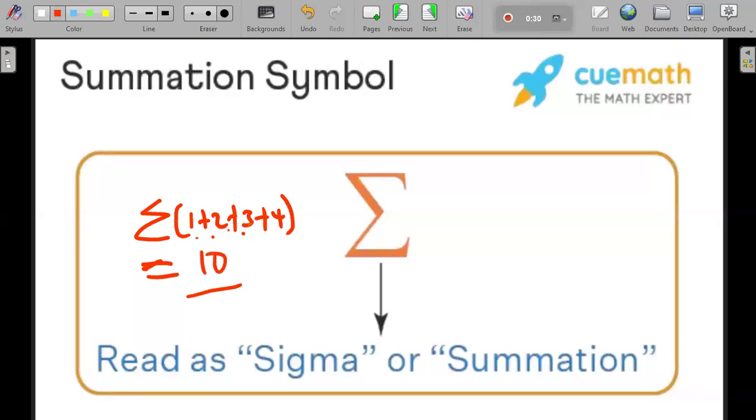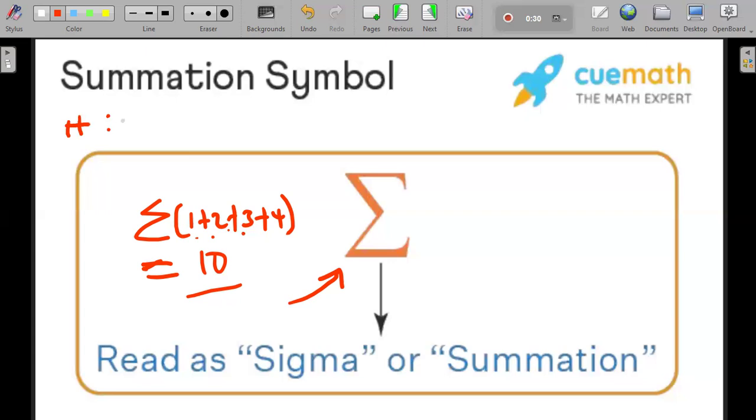So whenever you see this symbol, just know that it means summation or addition. So what do you add? You add different values for a variable. So let's say we have height here as our variable.